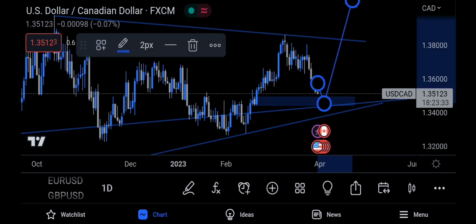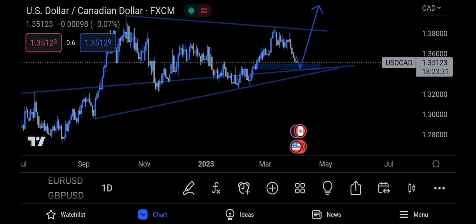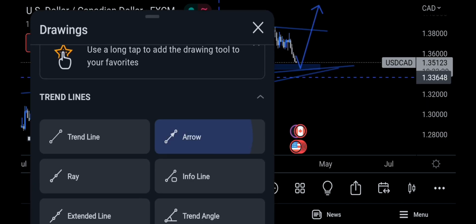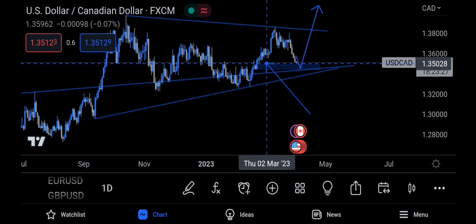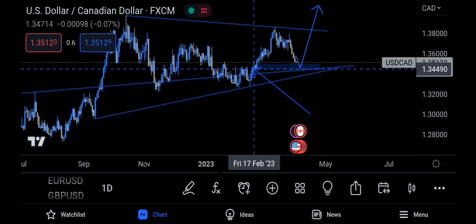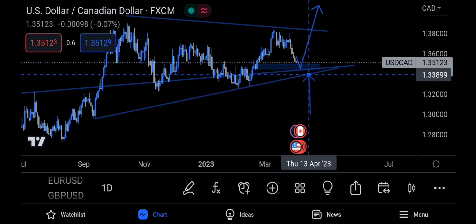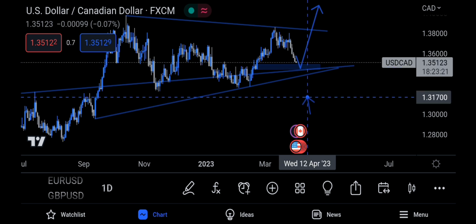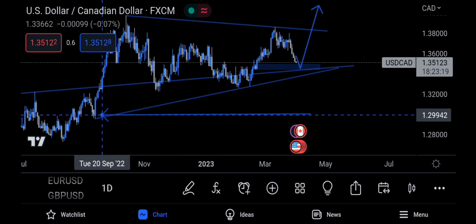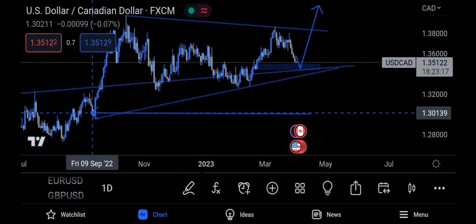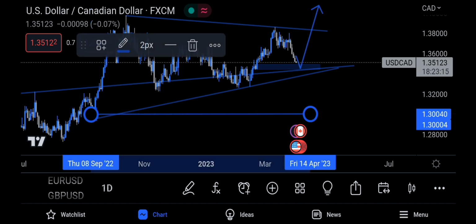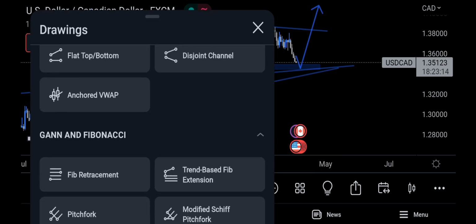However, if price fails to hold this zone, which I strongly believe it will, and breaks below, there's a possibility of price coming to test this daily demand again around this zone. Let me highlight it as well.